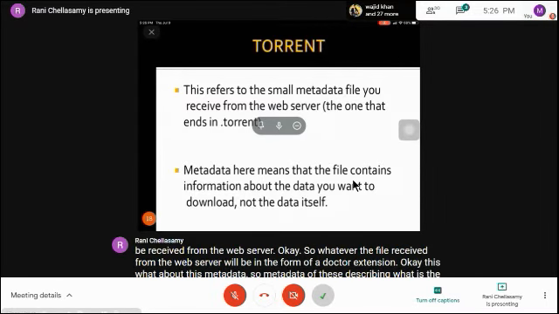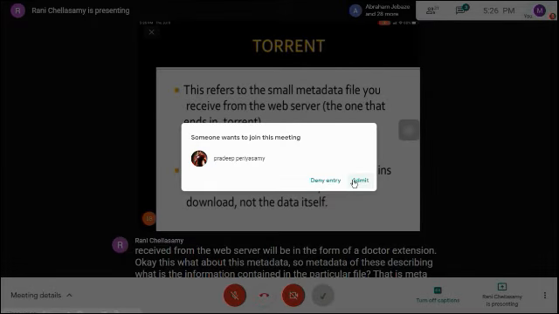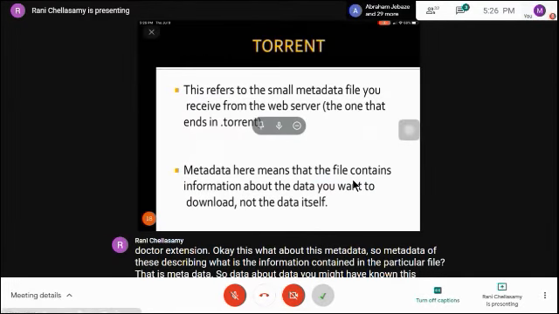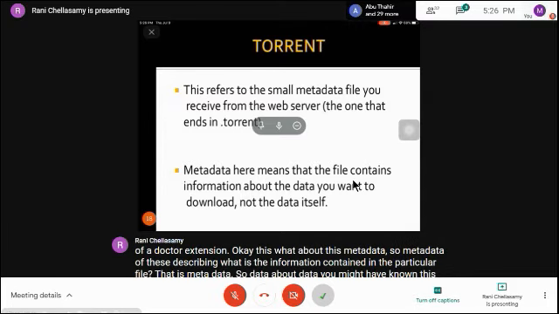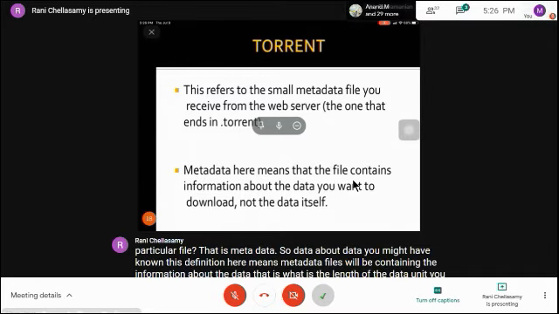That is metadata. Okay, so data about data. You might have known this definition. Here, metadata files contain the information about the data, that is, what the length of the data is and what you want to download. So it's not the data itself, it is all about the information about the data.